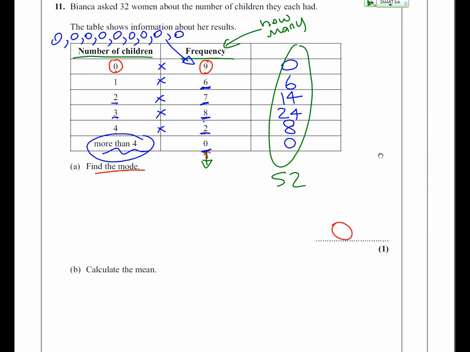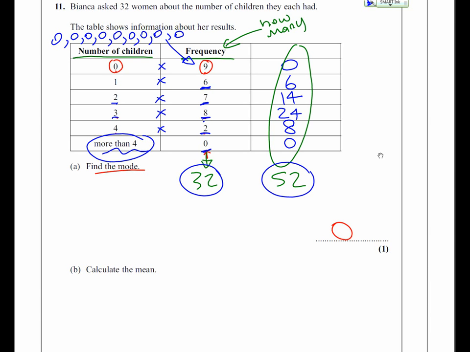Frequency, how many people, adds up to 9 plus 6 plus 7 plus 8 plus 2 plus 0, 32 people. So what you'll find is that there were 32 people and all the data added up to 52.